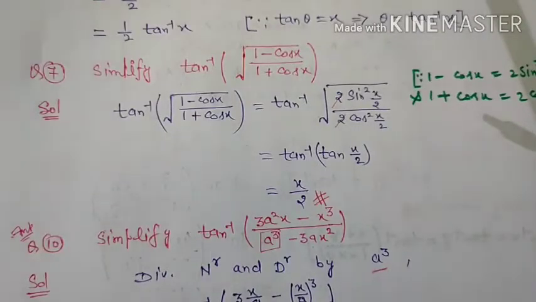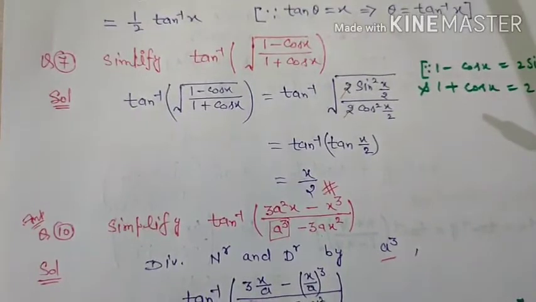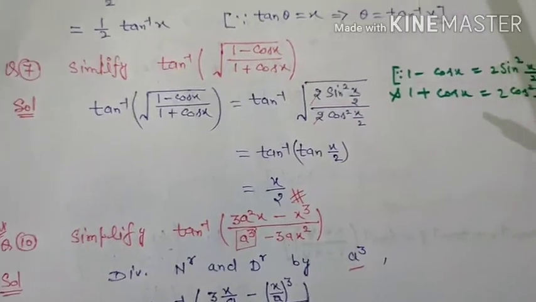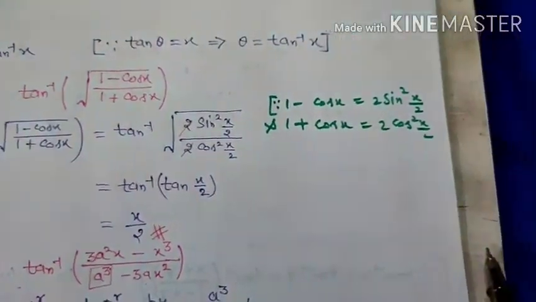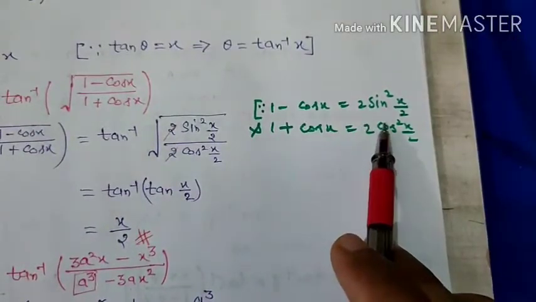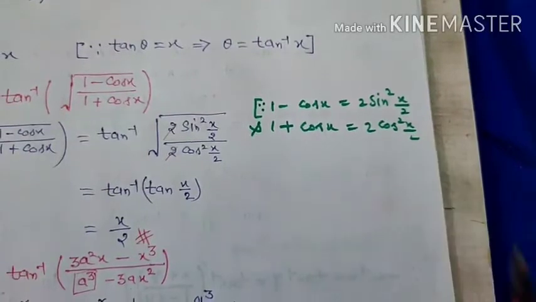Now see the next question, 7. Simplify tan inverse of root of (1 minus cos x) upon (1 plus cos x). We have a direct formula for this, which we have studied in class 11th. 1 minus cos x is equal to 2 sin square x by 2. 1 plus cos x is 2 cos square x by 2.